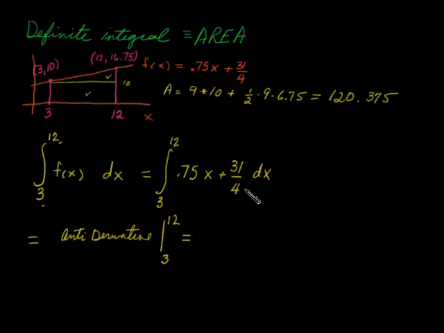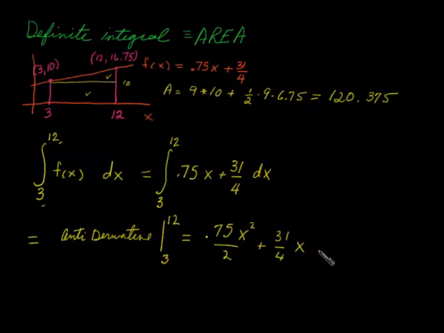Here's my function, so I need any antiderivative. And we know how to take antiderivatives of the simpler functions. So this would be 0.75 x squared over 2 plus 31 over 4 x. Now, that's an antiderivative.